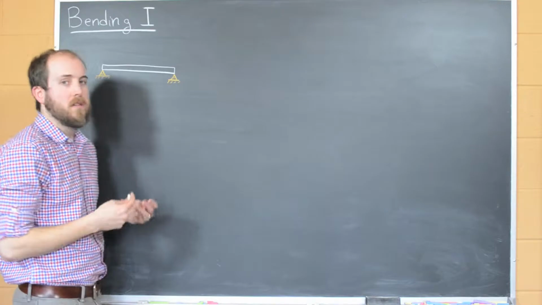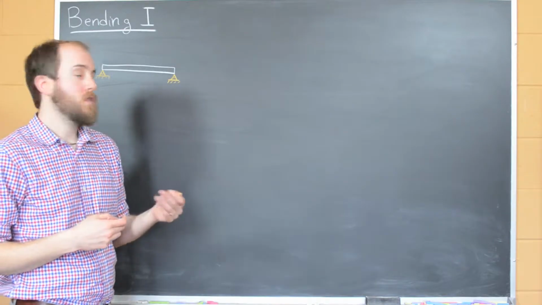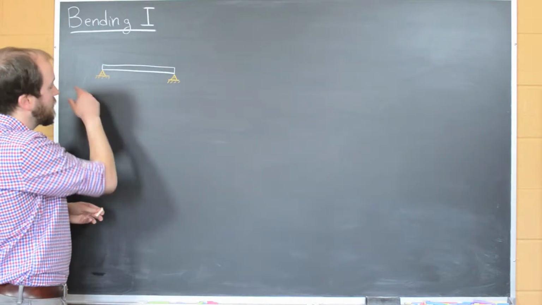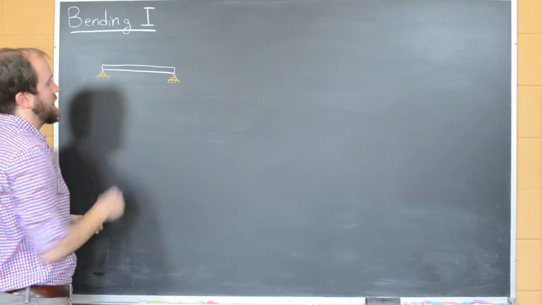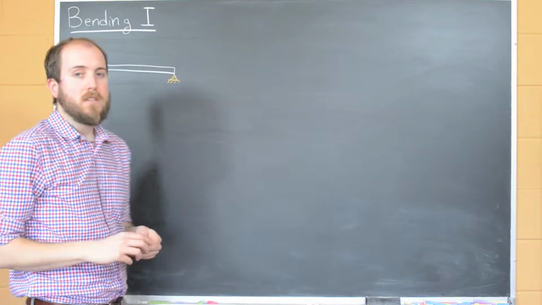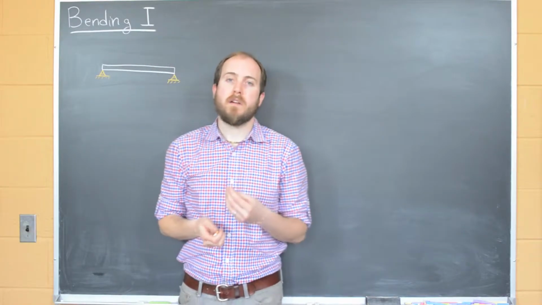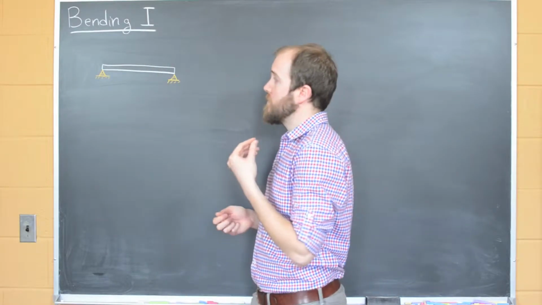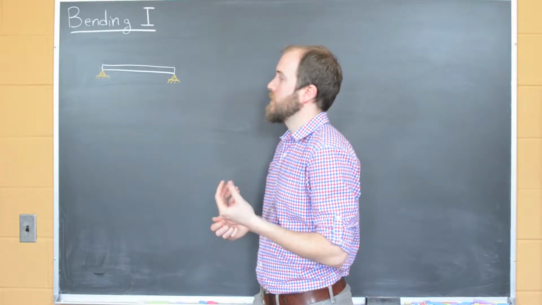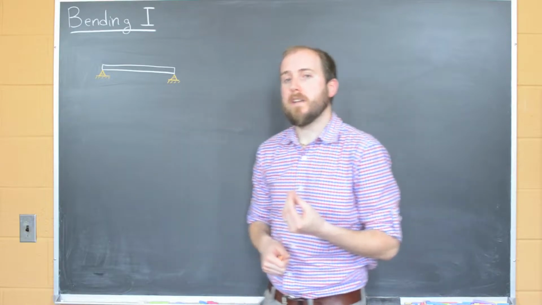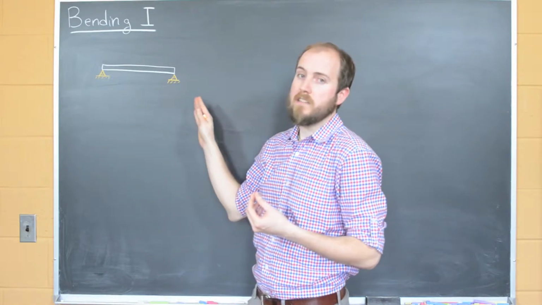It could be a concentrated force or a distributed force, and that force could be either uniformly distributed, or distributed with some function along the x-axis. Our goal here is to be able to determine the bending moment, or bending couple, and the shear force within this beam, and both of those quantities can vary along the x-axis.